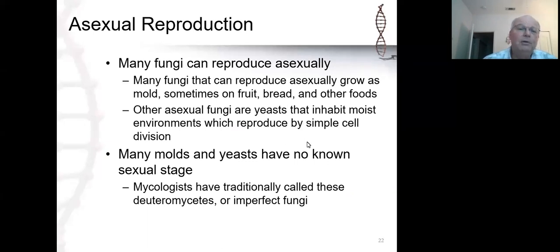And again, seeing as how I've got it here, I should talk about what we use to define those that we have yet to recognize a sexual stage. So remember, we refer to these as molds.